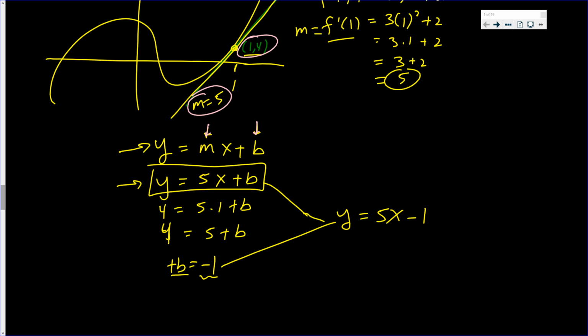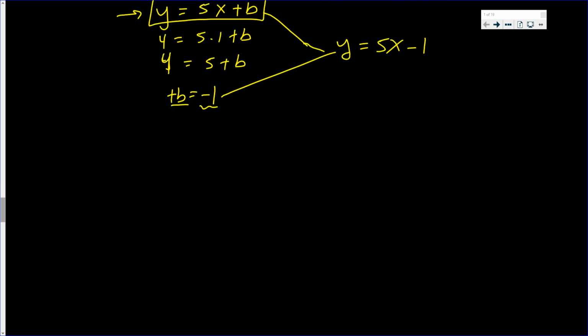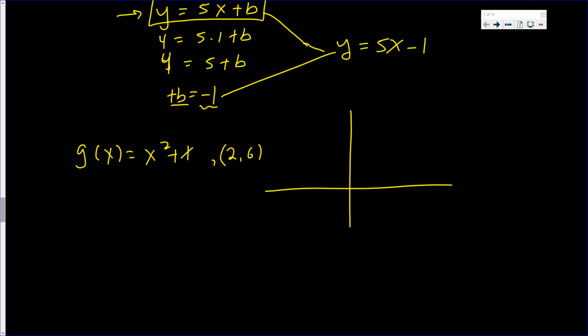Let us try one more like this. Suppose that g of x was equal to x squared plus x. And you want the equation of the line at 2, 6. So once again, you don't have to graph this correctly. Maybe it looks like that, maybe it doesn't. But this point here is 2, 6.